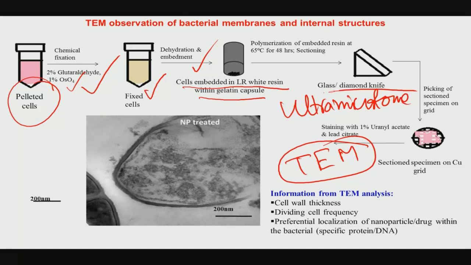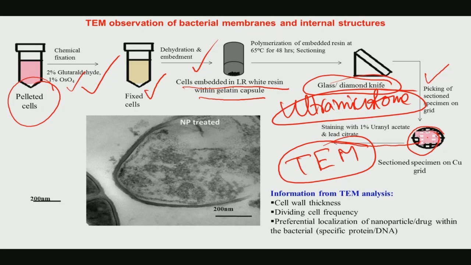Once you use the ultramicrotome, you get a very thin sample, you can use a glass or diamond knife, then pick up these section specimens on the grid, and once you grid it, you do some additional treatment: you can do staining using uranyl acetate or lead acetate. Only after doing all these things do you go to the TEM and put the biological sample in the sample chamber.